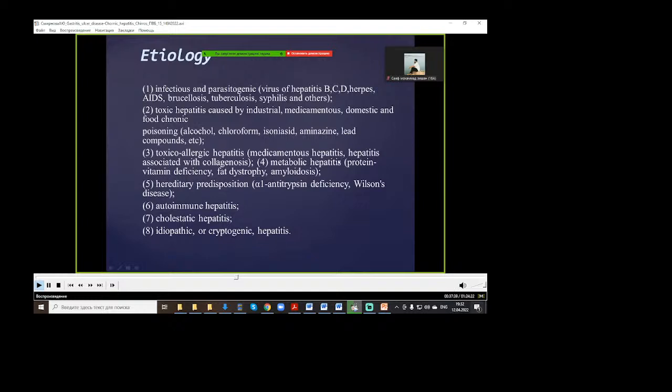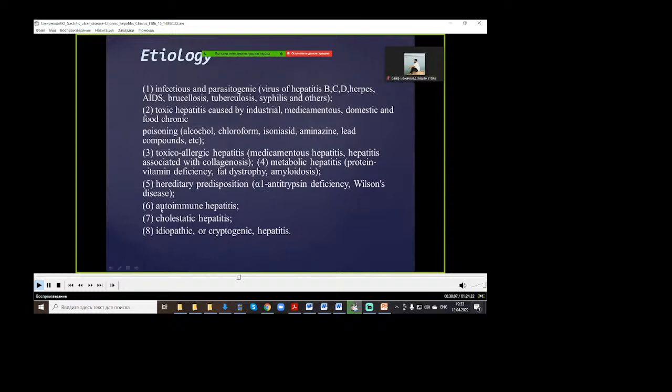Next type of chronic hepatitis is metabolic. Metabolic hepatitis is associated with protein and vitamin deficiency or fat dystrophy. The next, hereditary predisposition, such as alpha-1 antitrypsin deficiency.